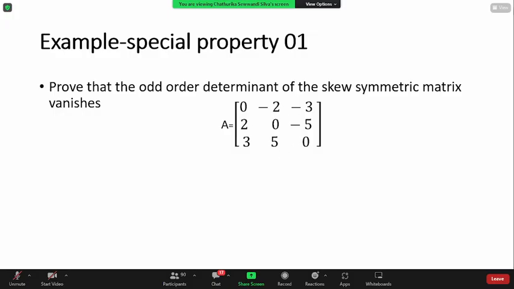Find the determinant of this matrix and tell me the answer. Zero.